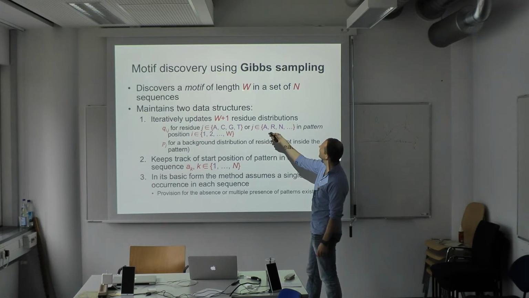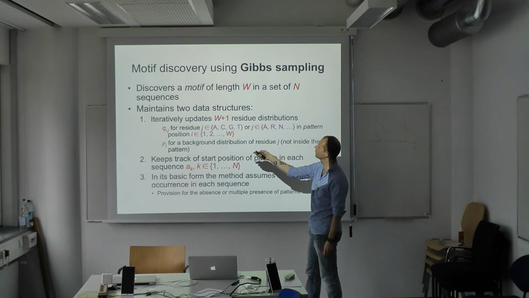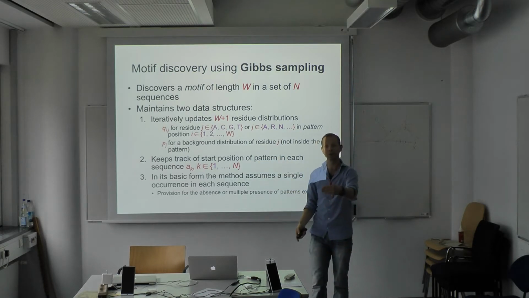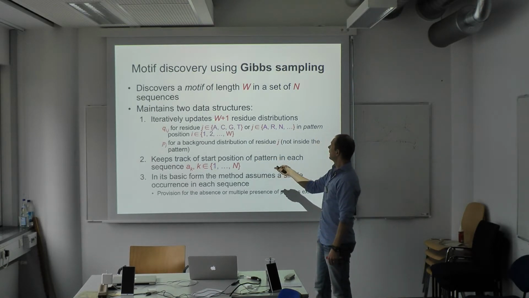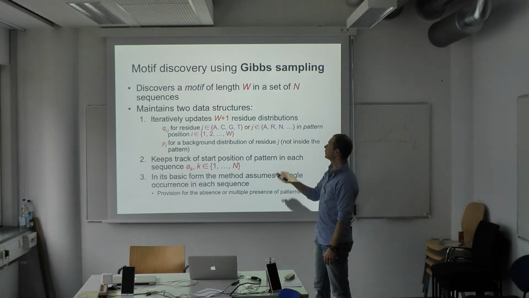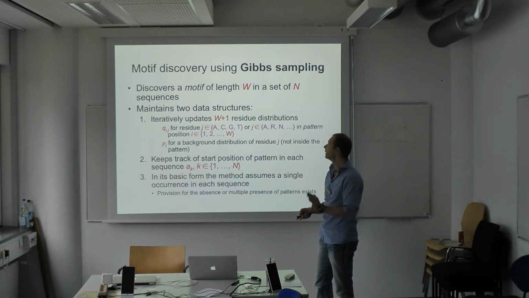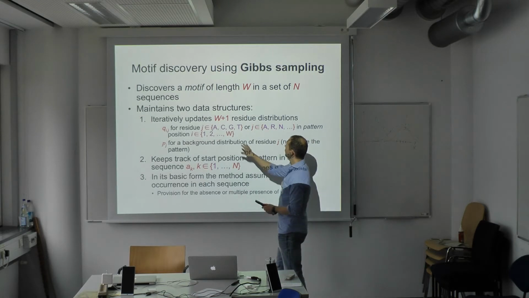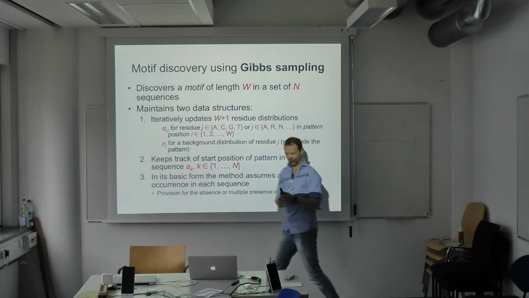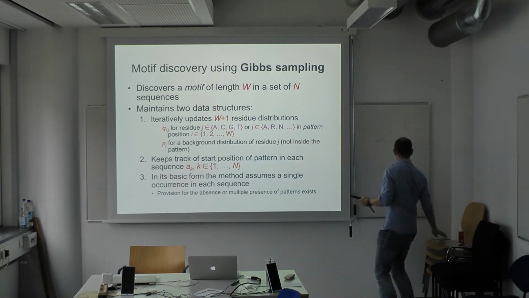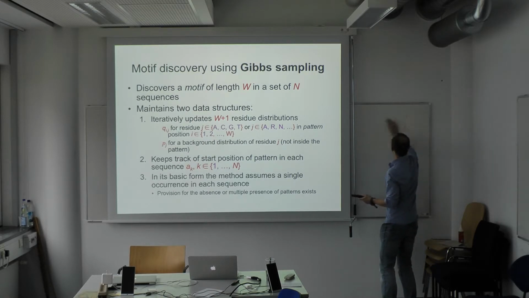So we have a motif length, W, instead of n sequences. We have two data structures that we need to maintain through the search. We're going to actually include yet another position in our profile. So we're not just going to store our W distributions.